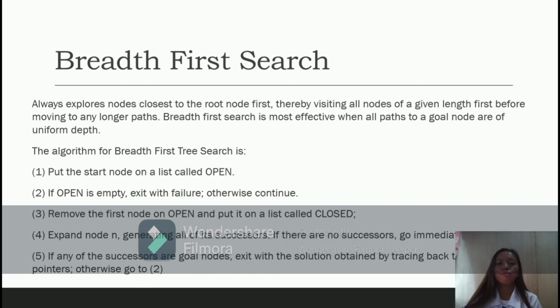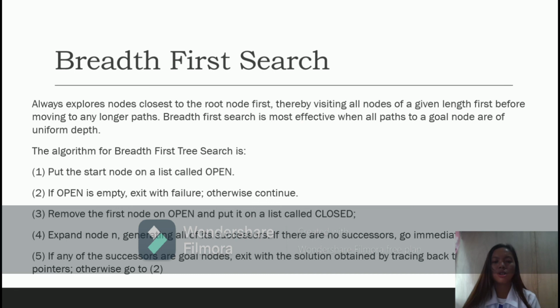The algorithm for breadth-first tree search is: 1. Put the start node on a list called open. 2. If open is empty, exit with failure, otherwise continue. 3. Remove the first node on open and put it on a list called closed. Call this node n. 4. Expand node n, generating all of its successors.